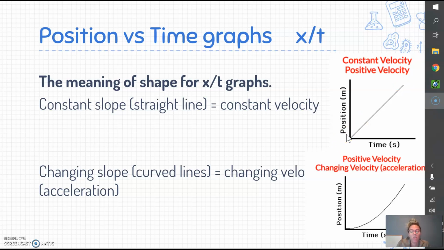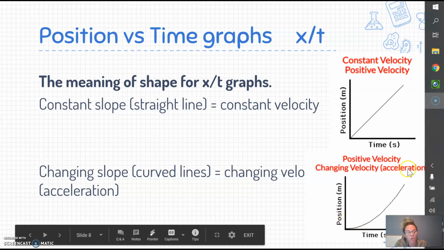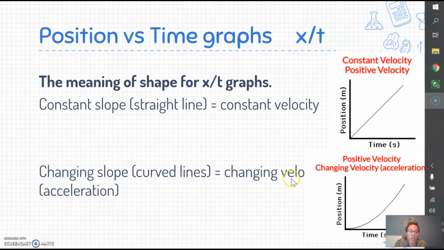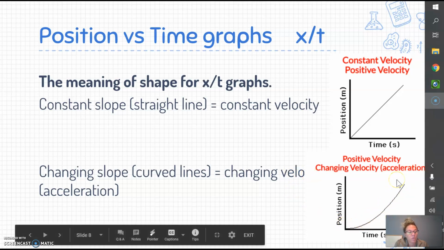We could give some other examples. It says positive velocity, and notice how this has a positive slope, and that's why it would be a constant positive velocity. Anytime we see curves in a position time graph, and we'll get to these more as we move along, curves tell us that we have a changing velocity, and that means it's speeding up in this particular curve.